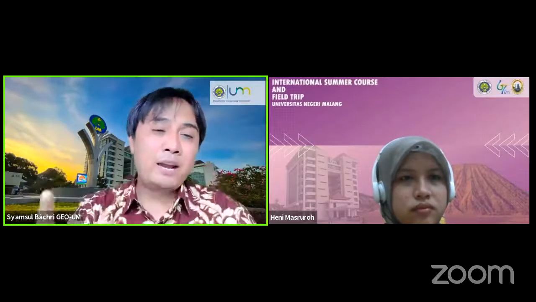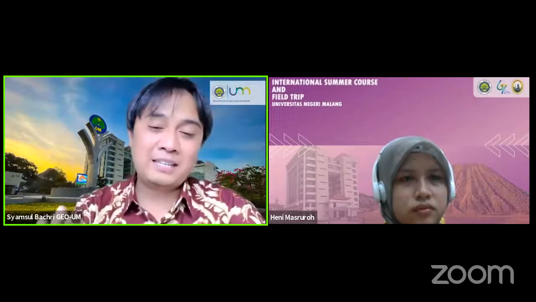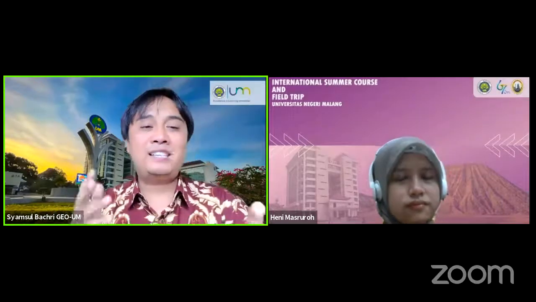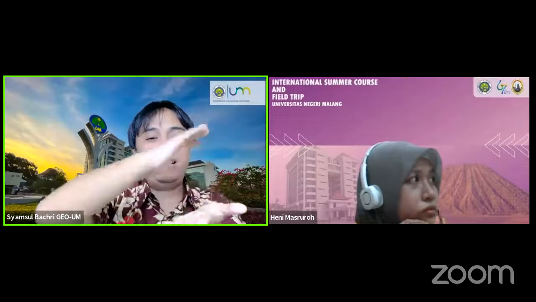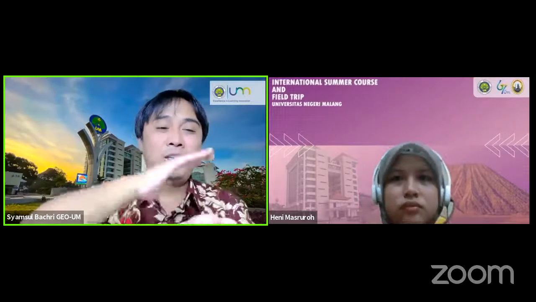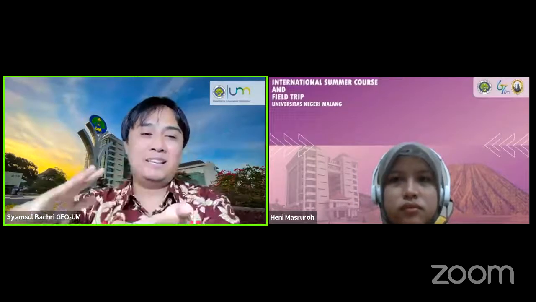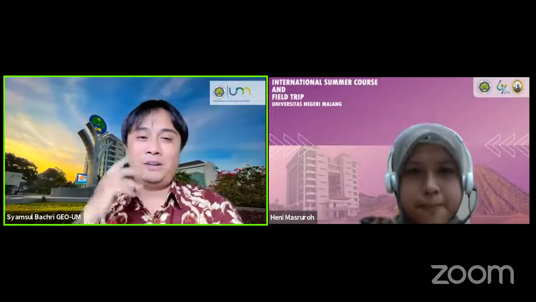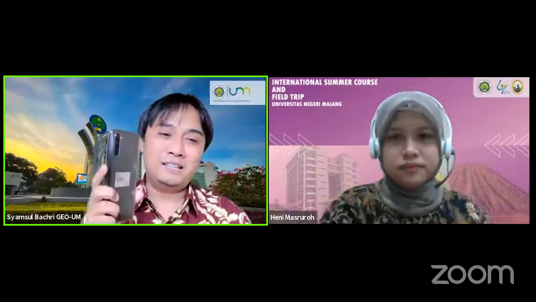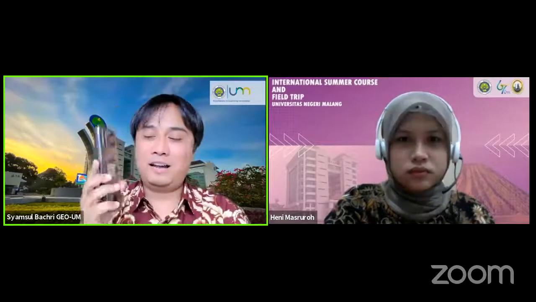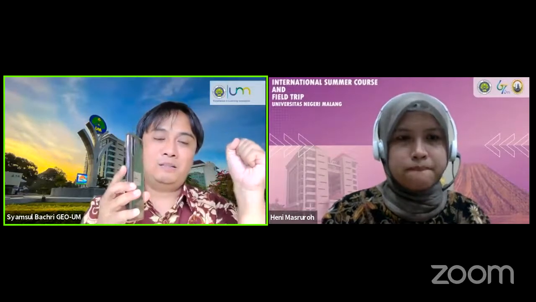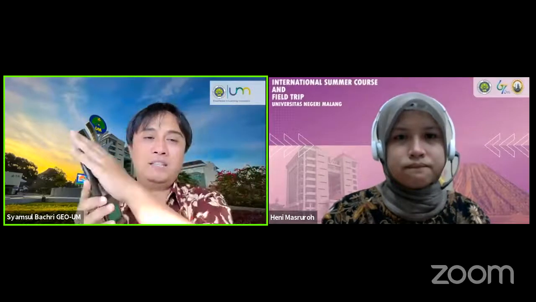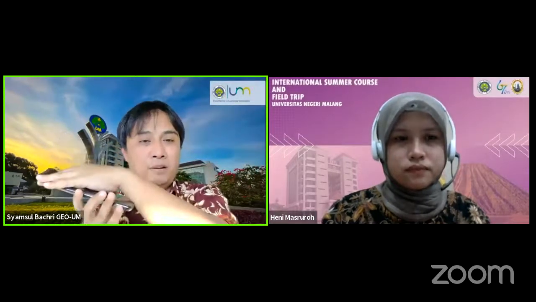When you capitalize more on the positive impact, the positive can close the gap with the negative impact. It means the sustainability can run well. For example, this is the area, and this is the volcano eruption. The volcano erupts, hits this area, and it collapses. It's really a disaster.